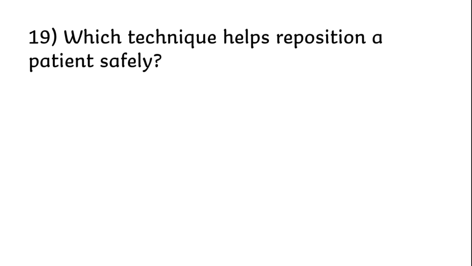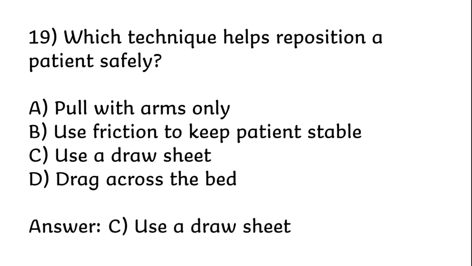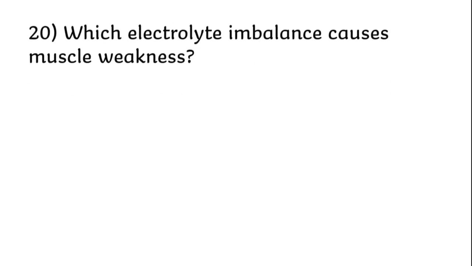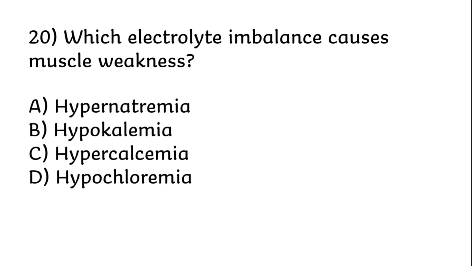Which technique helps reposition a patient safely? Pull with arms only, use friction to keep patient stable, use a draw sheet, drag across the bed. Correct answer is option C, use a draw sheet. Which electrolyte imbalance causes muscle weakness?